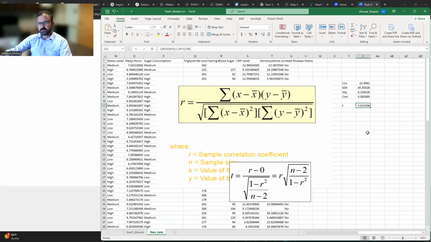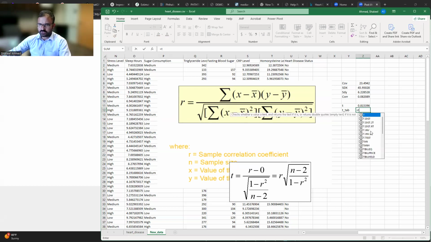The value is very low, and we can compare this computed value with the tabulated value from the t distribution inverse, where the probability is 0.95 and the degree of freedom is 98.